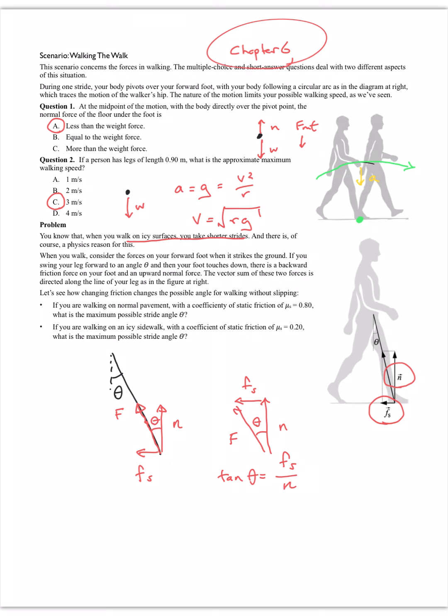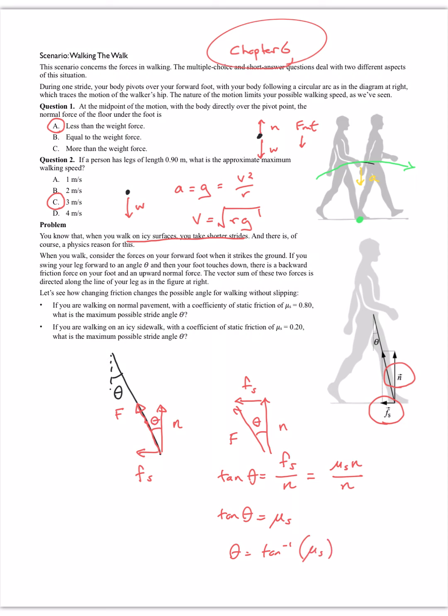But we also know the static friction force, the biggest it can possibly be, is equal to mu s times N. So if we're looking at the biggest the angle can be, we want the static friction force as big as it can be, mu s times N. So we get mu s times N divided by N. Tangent of theta is just equal to mu s. So theta is equal to the inverse tangent of mu s.